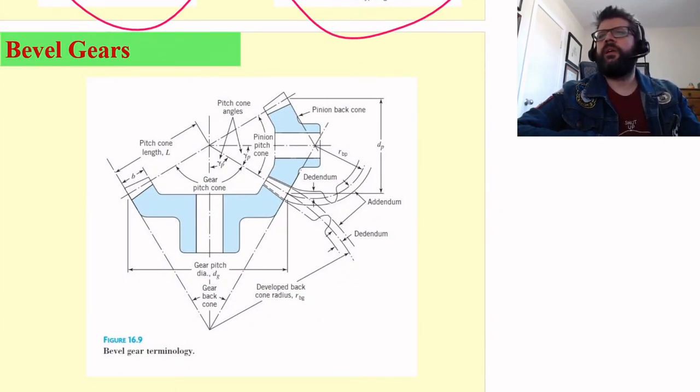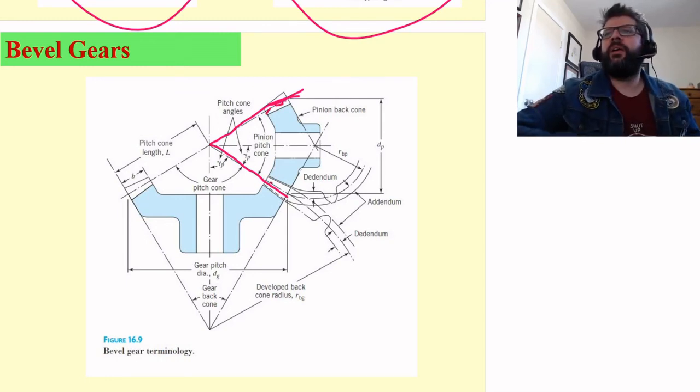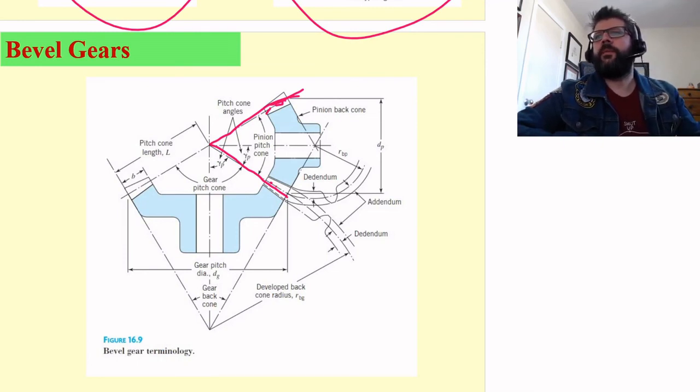So essentially, we've got a pitch cone here. Instead of a pitch circle, we've got a pitch cone, and then the teeth meet where the two pitch cones come together.